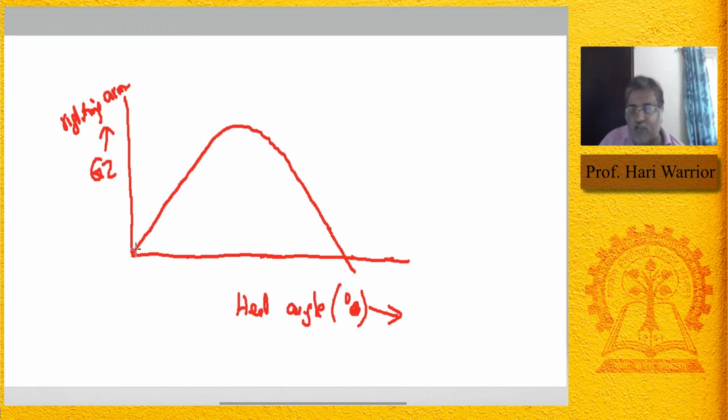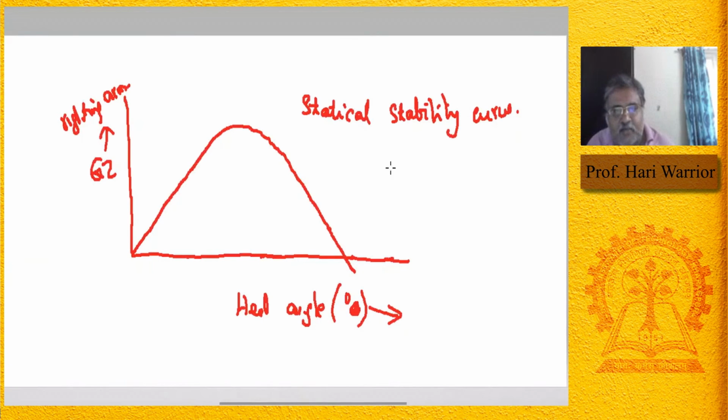There are a couple of interesting things associated with this GZ curve. This is known as the statical stability curve or the GZ curve, always known in that fashion.